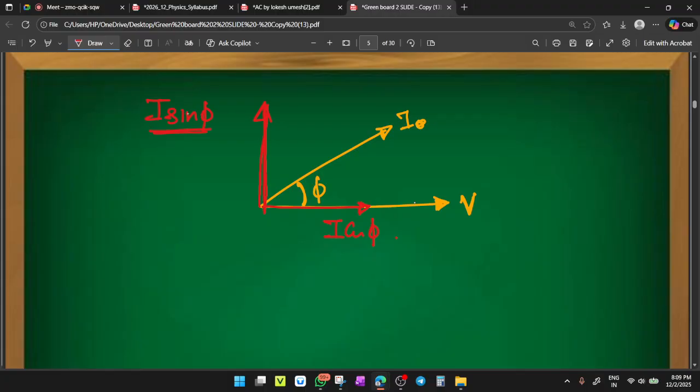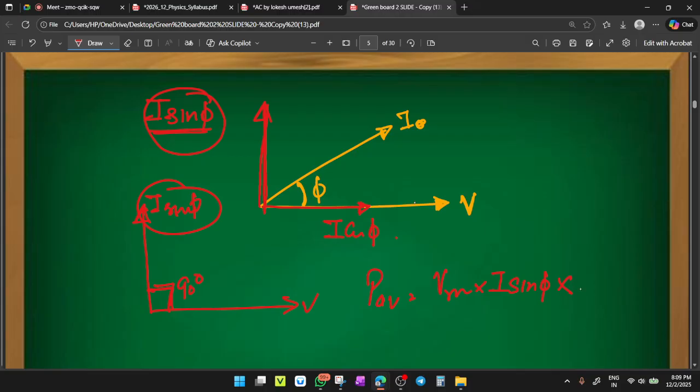Now check the power consumed by the component I sin phi. What is the effective angle of the I sin phi with the voltage? I sin phi has an angle with voltage equal to 90 degrees. So calculating the power consumed by this component of current, P average equals V_rms into I_rms, where in place of I_rms we put I sin phi, multiplied by cos phi.